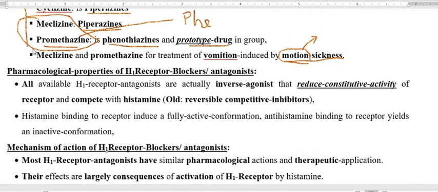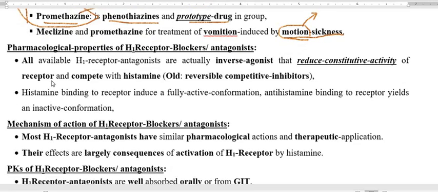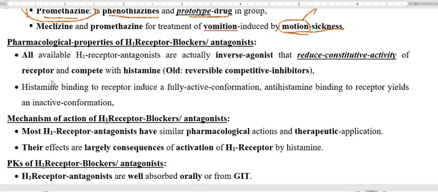Regarding the mechanism of action or pharmacological action of H1 receptor antagonists, we already discussed that. The drugs under the H1 receptor antagonists, the H1 receptor blockers, are all actually inverse agonists. So what is an inverse agonist?